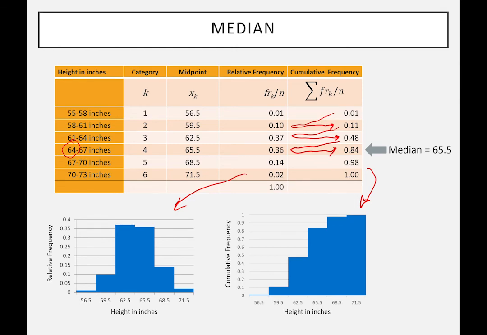In this case, we can see the median is by 0.5 here, which shows clearly that this is going to be the median group in this section here, because this is where we cross over the 50th, well, the 100th person, halfway through the group. We know that half the students are shorter than the median, another half are taller than the median, and our guess for that is going to be around 65.5 or so.